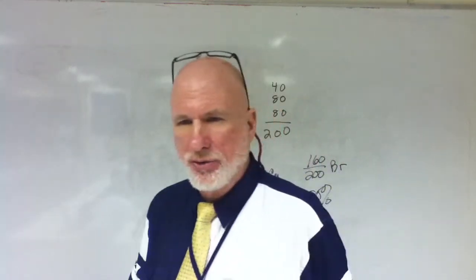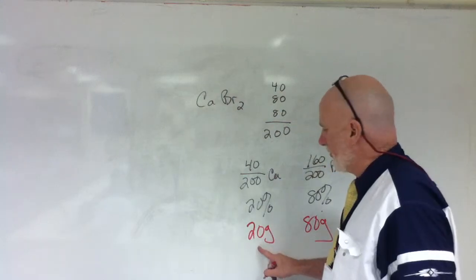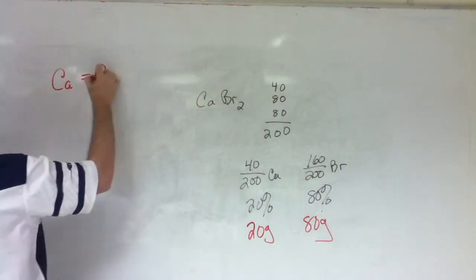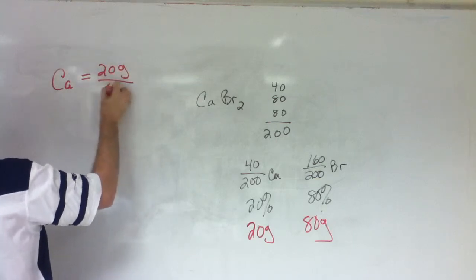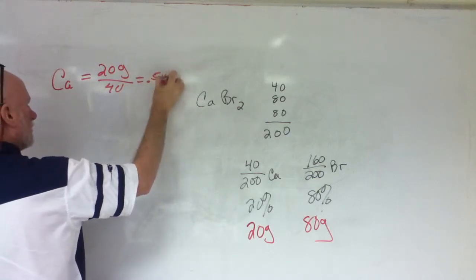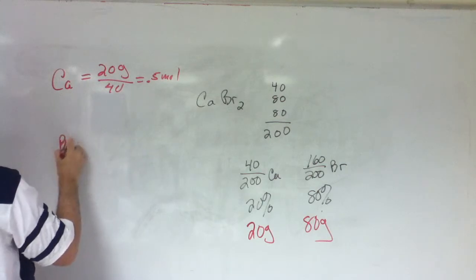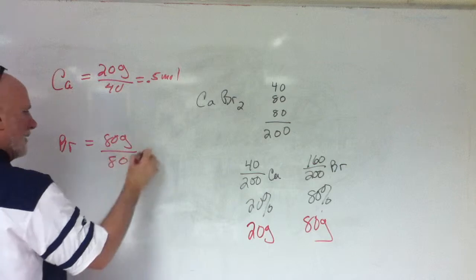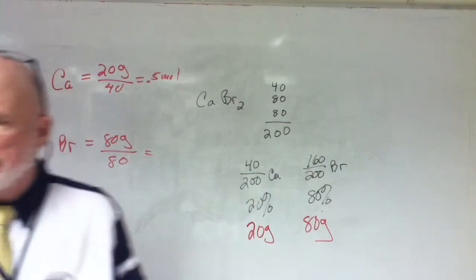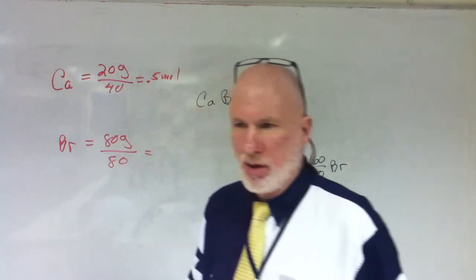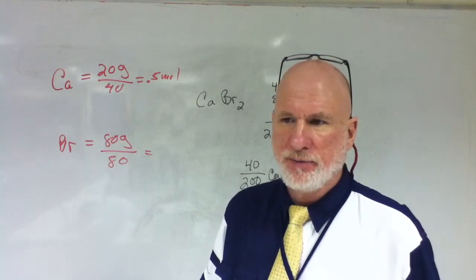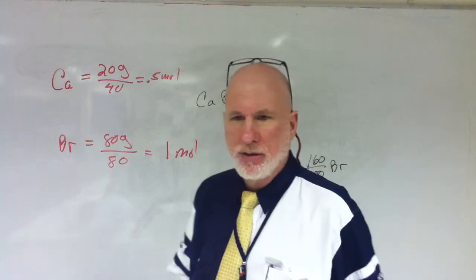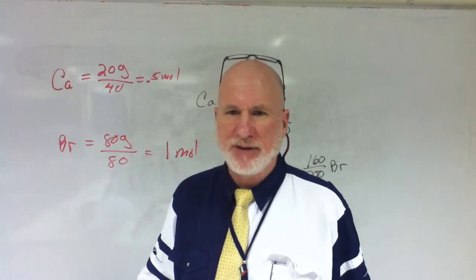How many moles of calcium are there? 20 grams divided by 40 equals 0.5 moles. And bromine? 80 grams divided by 80, the molar weight of bromine, equals 1 mole.